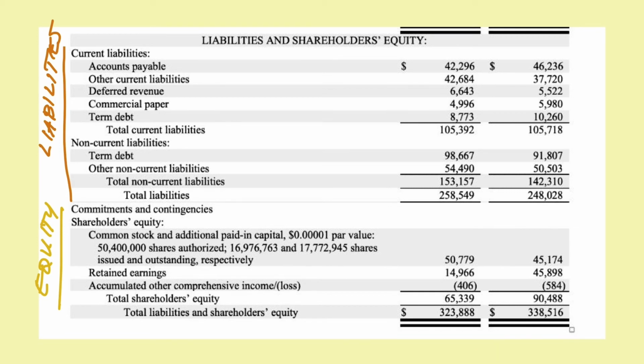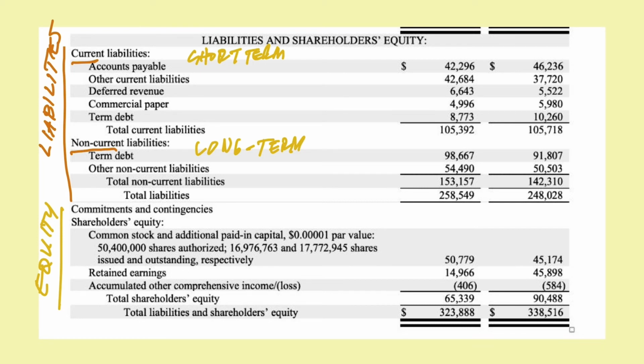Under liabilities, we also have current and non-current liabilities. And if you remember, under assets, we also have current and non-current. Current is for short term, so this is under 1 year or less, or one operating cycle. Non-current liabilities are long term, more than 1 year, or more than one operating cycle.